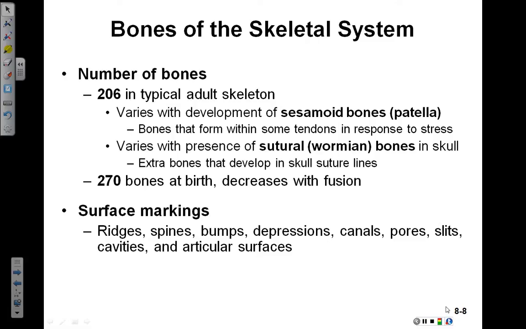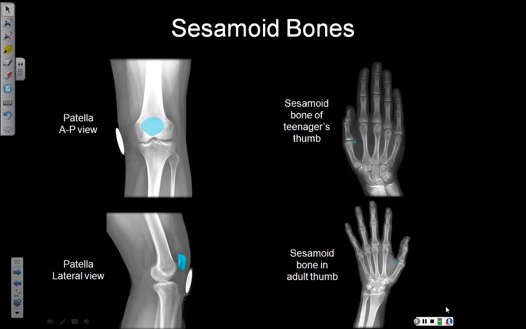Tooth socket. My friend here, if you look at his mandible, he has several teeth that have fallen out. The little hole that you see is called the alveolus, which is the socket that holds what? The teeth. All right? Sinuses, meatus. Moving on. They're showing you this patella, which is a sesamoid bone.